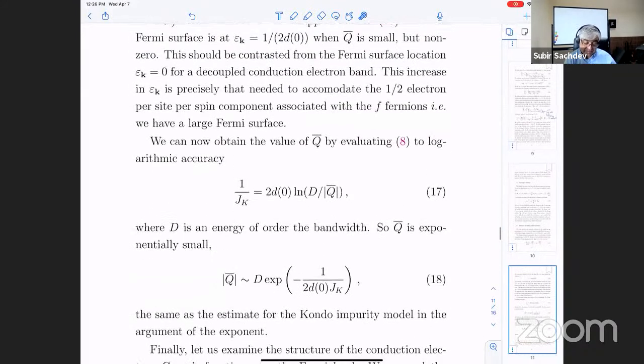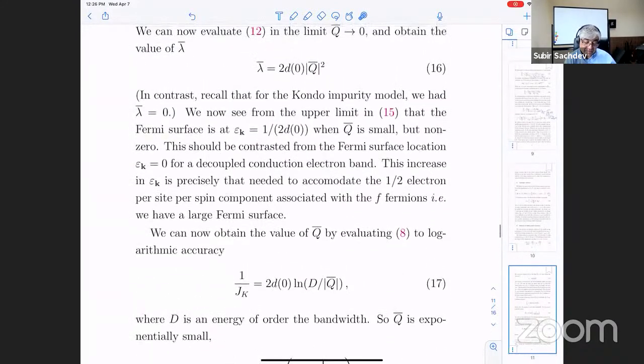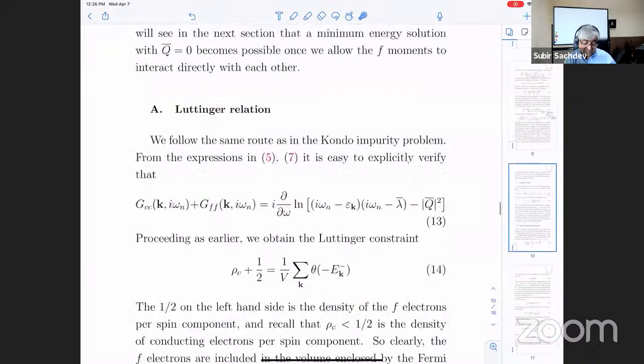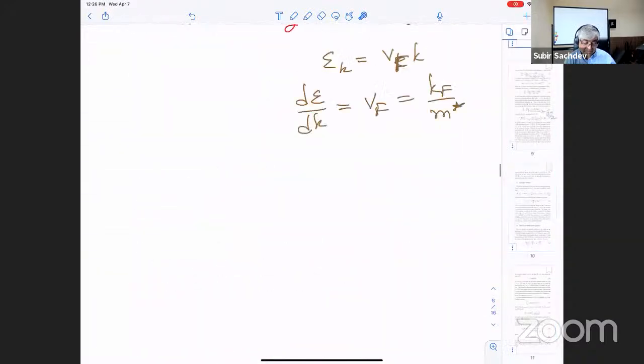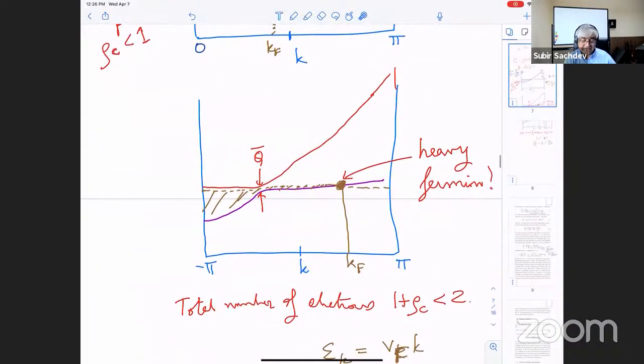So there are actually two differences from the Kondo model. In the Kondo impurity model, lambda bar is exactly 0. Here it's not exactly 0, because you can see from this band structure picture that there's no symmetry between particles and holes. The occupied side looks very different from the unoccupied side because the bands have all mixed up.